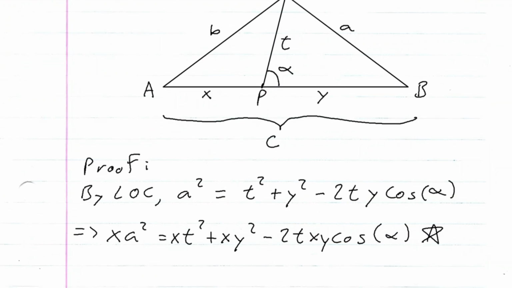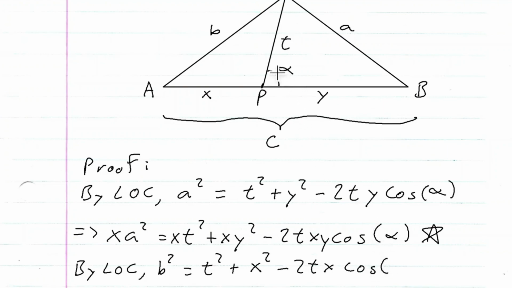Looking at that triangle, I know by law of cosines that b squared is equal to t squared plus x squared minus 2tx cosine of, and if this angle here is alpha, that means by the property of linear pairs, the measure of this angle is 180 minus alpha. So this will be 180 minus alpha.